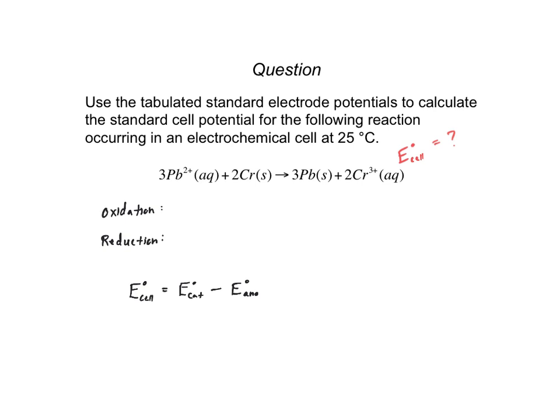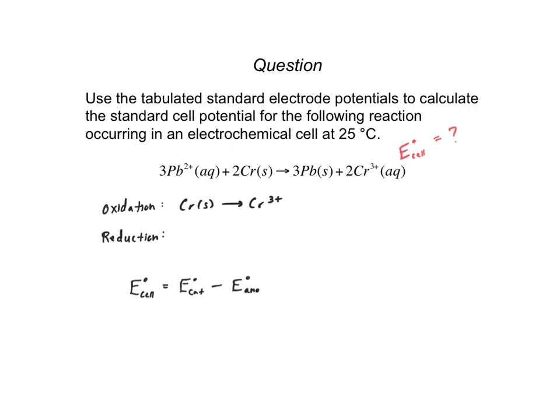So we've got lead reacting with chromium metal, making lead metal, chromium 3+. So who's being oxidized here? Who is the oxidation half reaction? We've got chromium, so we've got chromium solid going to chromium 3+ ions. How many electrons is it losing? 3, right? It goes from a 0 oxidation state to a +3, so it loses 3 electrons.